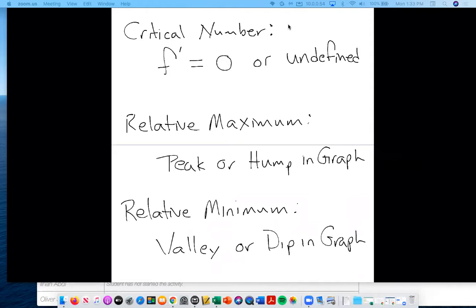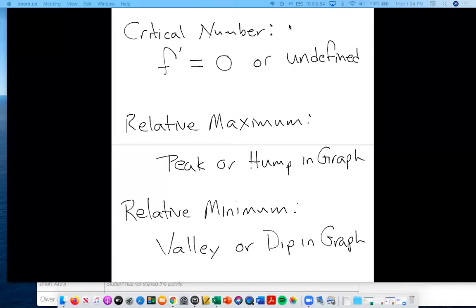But you'll hear this word critical number a lot. It simply refers to when the first derivative is equal to 0 or is undefined. Most of the time, probably 99% of the time, if you have an equation, the derivative will equal 0.